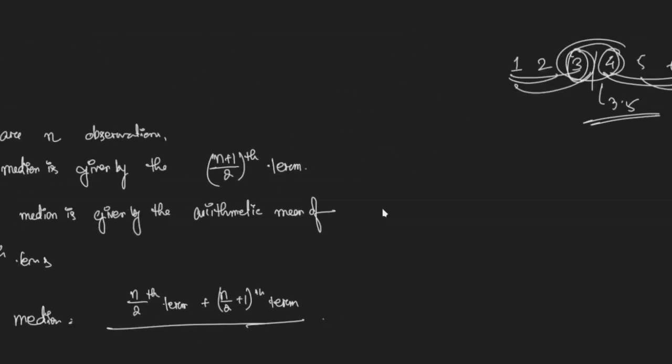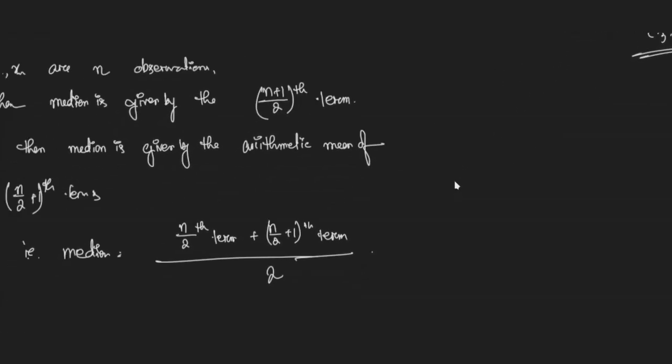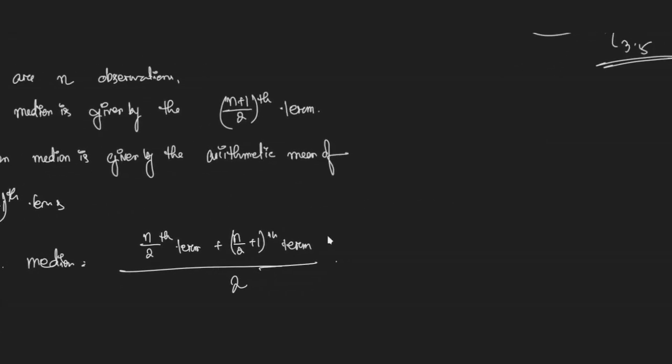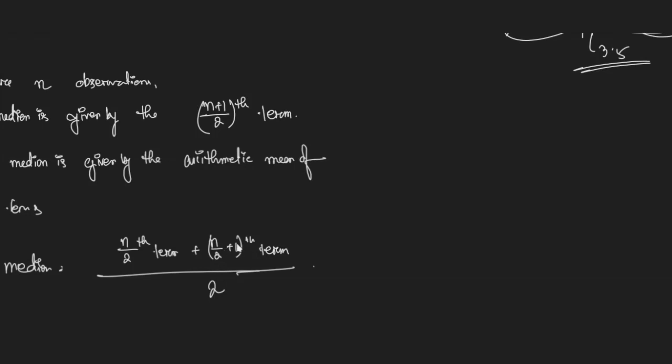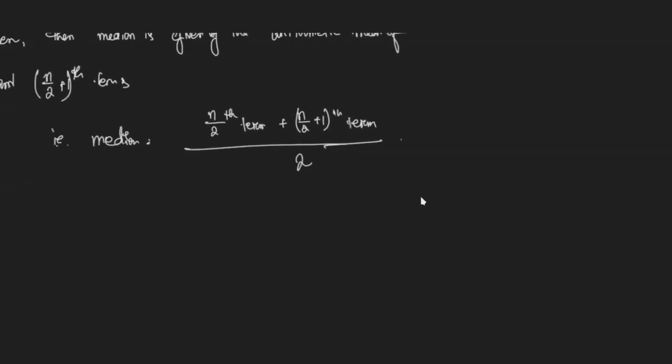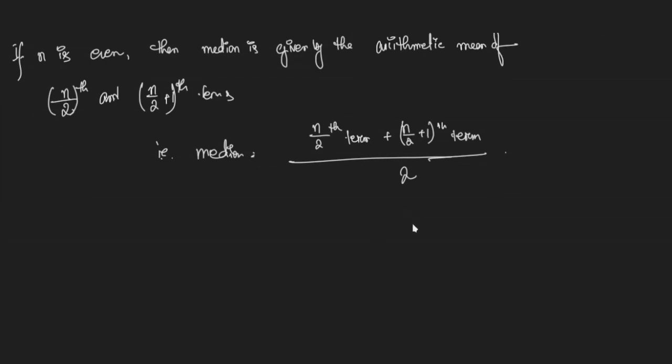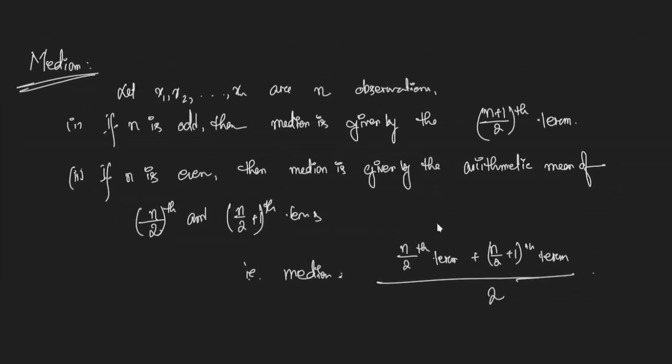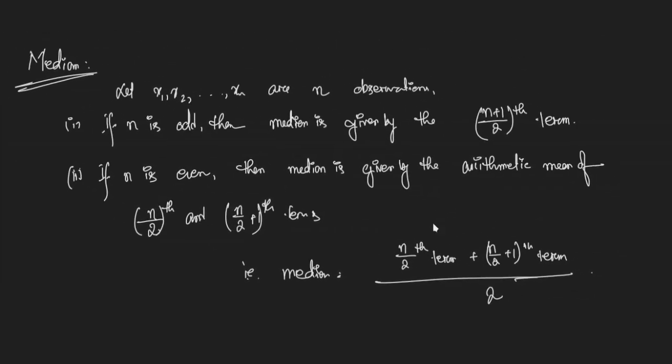So if there are 6 values in this case, 6 by 2 means the third term, and 6 by 2 plus 1 is the fourth term. So the third term and the fourth term, take the average. That is the median for ungrouped frequency data. What happens for grouped frequency data?